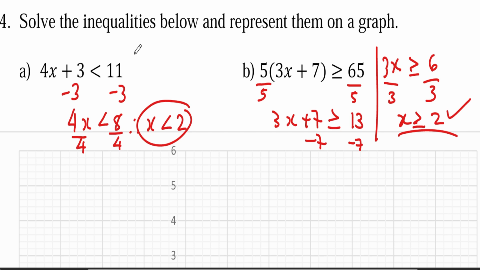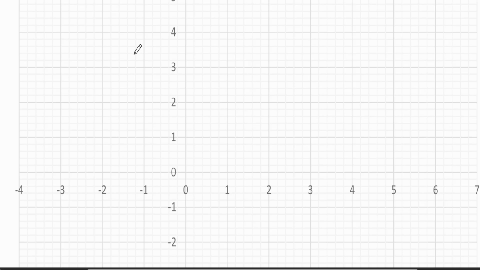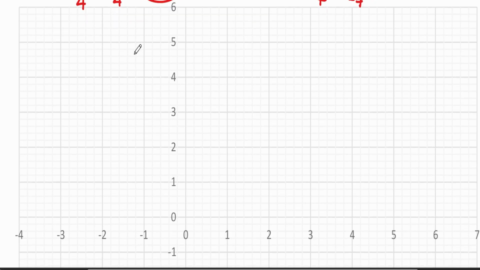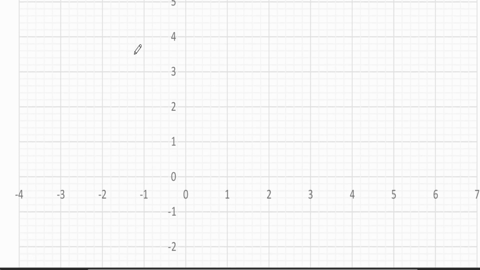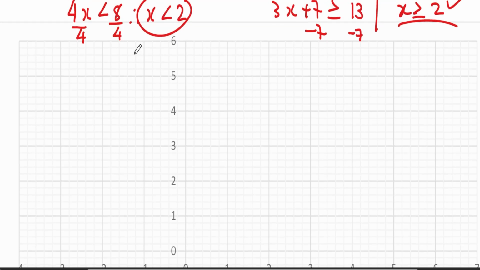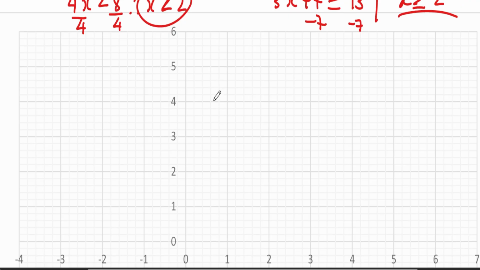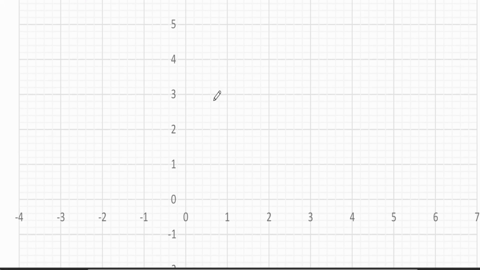Now, let's draw the first one, x is less than 2. There's no equal sign at the bottom of the less sign, so you just draw a dotted line this way.